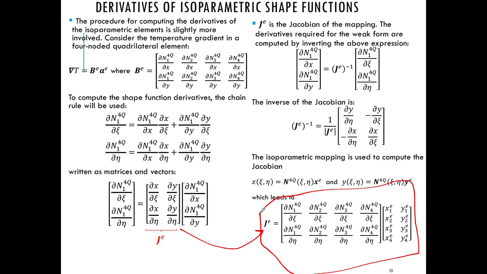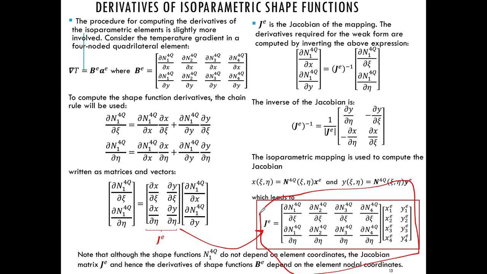Right. Okay, so the easiest way to understand this is to look at an example. Okay, so there is a little note. Although the shape functions do not depend on the element coordinates, yes, this is important. Note that we had been performing our isoparametric mapping so that we basically get these universal shape functions.